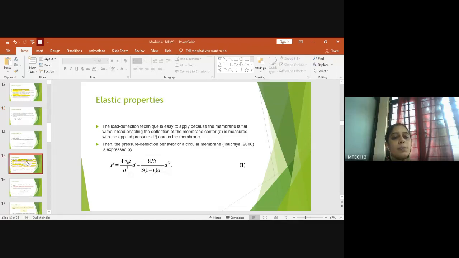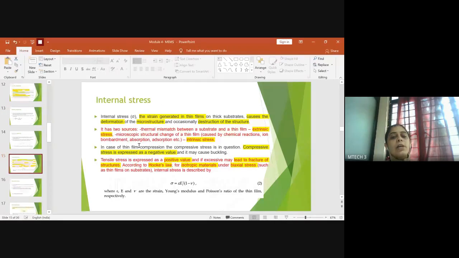Similarly, if you want to speak about internal stress, you need to explain what you mean by internal stress, how it is generated, which are the two main sources of internal stress, what is the reason for extrinsic stress, what is the reason for intrinsic stress. After that, you should tell that when you subject a thin film to analysis, it could be due to compressive stress or tensile stress.